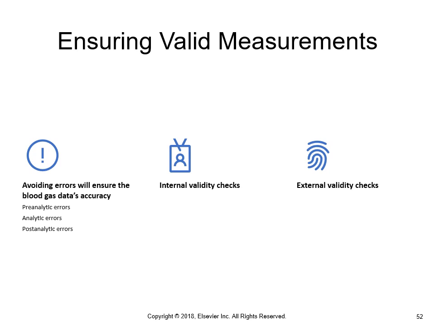In the analysis phase, we can prevent analytic errors, and in the post-analytic reporting, we can prevent post-analytical errors, interpretation, and use of test results. Avoiding errors will ensure the blood gas data's accuracy.